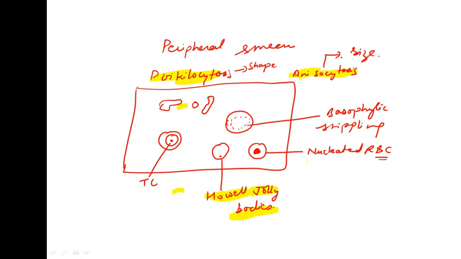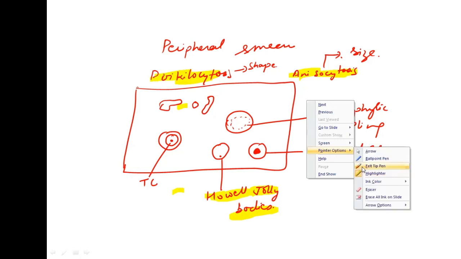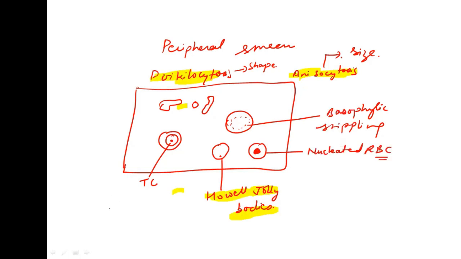So this type of multiple target cells, you can see target cells in case of sickle cell anemia, in case of megaloblastic anemia, and in case of thalassemia. And in case of thalassemia, you can see multiple target cells, right?